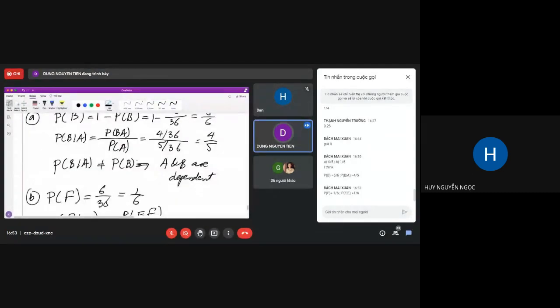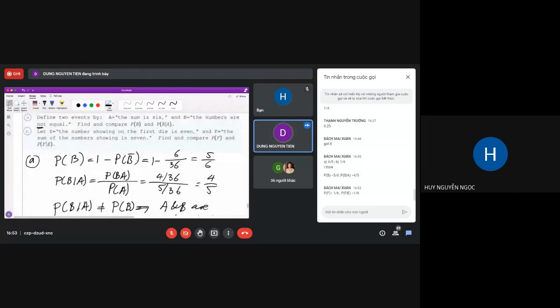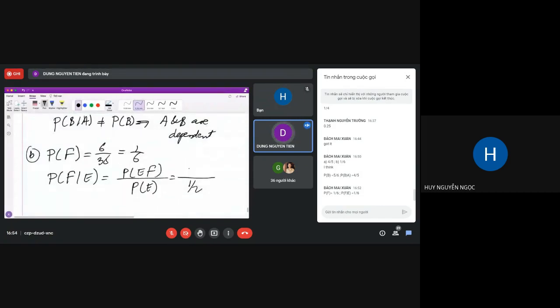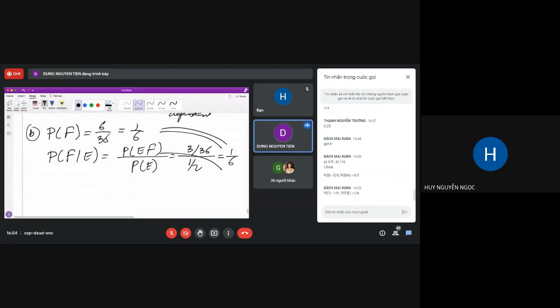So you get 2 and 5, 4 and 3, 6 and 1, so you get 3 over 36. Altogether you get 1 over 6 again. You see that they are the same, so the probability of F given E is the same as the probability of F, and we can say that E and F are independent.